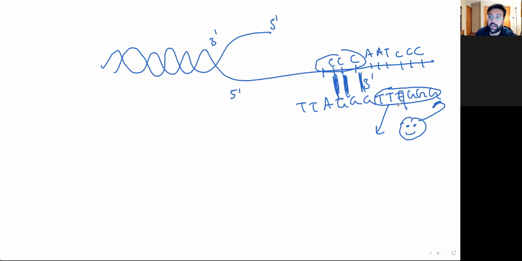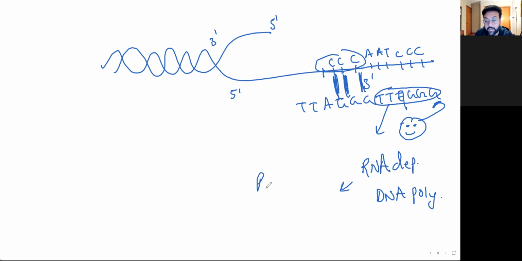Okay, now you are reading RNA and making DNA. So what kind of enzyme should you call this? RNA dependent, sorry, RNA dependent DNA polymerase. So it's reading RNA and making DNA.